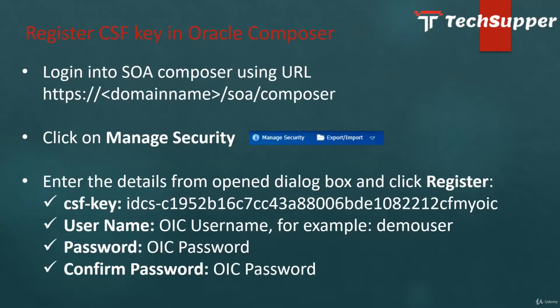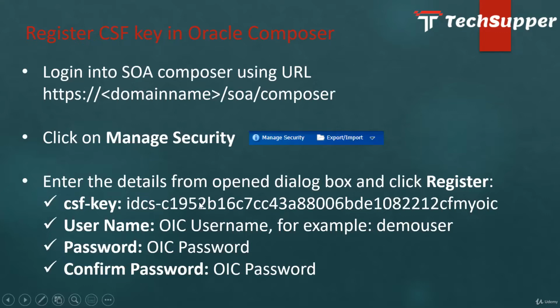How to register a CSF key in Oracle Composer? You have to log in to the SOA Composer using the URL https:// the domain name of ERP and /SOA/composer. Once you log in, you will see a Manage Security button at the top right-hand side of the page. Click on Manage Security, and a dialog box will be opened where you need to enter the CSF key.